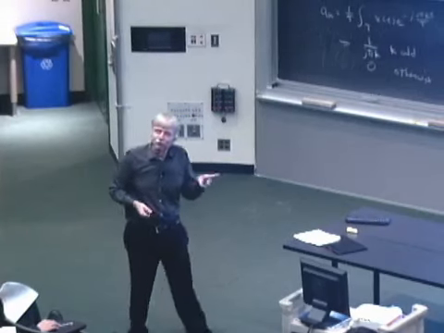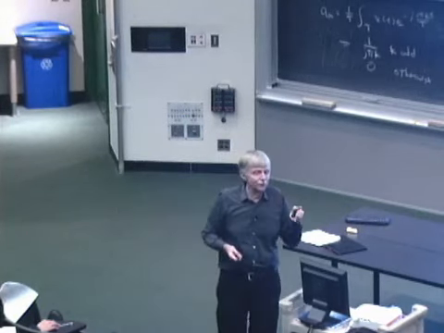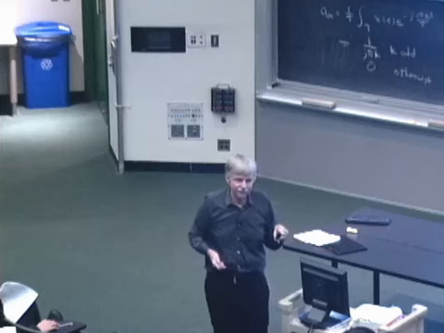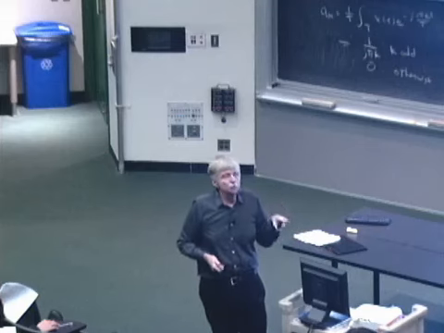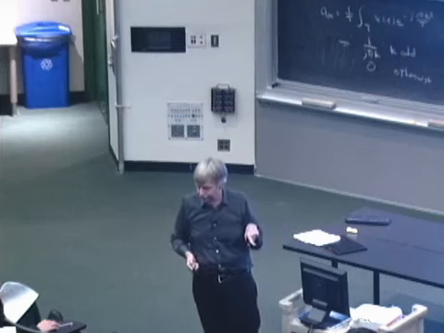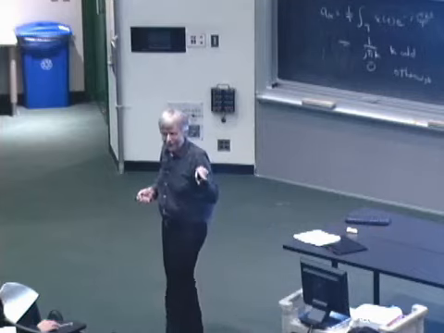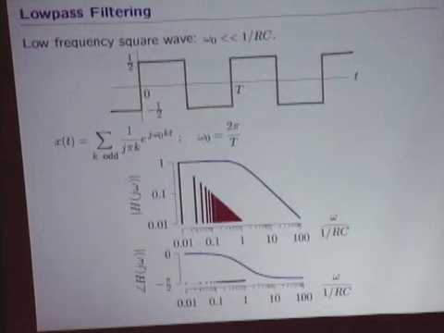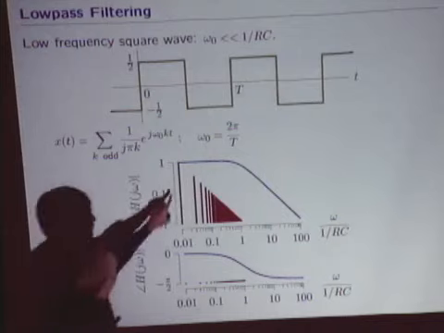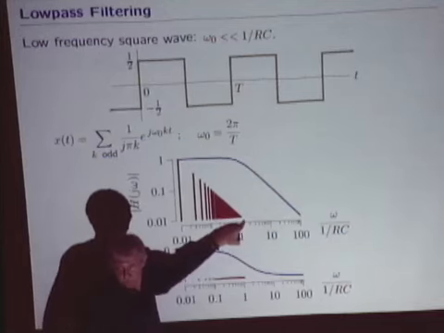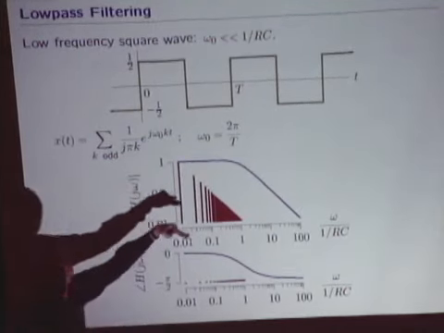Now, if you were to choose the base frequency for the square wave, omega naught equals 2 pi over capital T, to be small compared to the cutoff frequency for the low-pass filter, what would be the effect on these amplitudes?